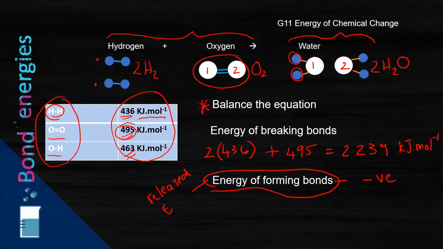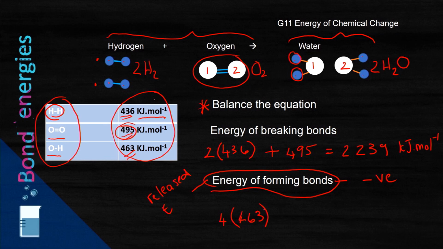Let's have a look at how we calculate this. So our hydrogen-oxygen relationship has got a value of 463 kilojoules, and in one molecule of water there are 2 of those bonds, but we have got 2 water molecules.